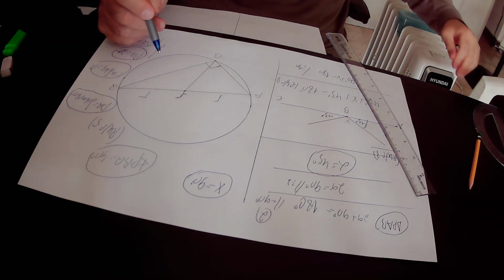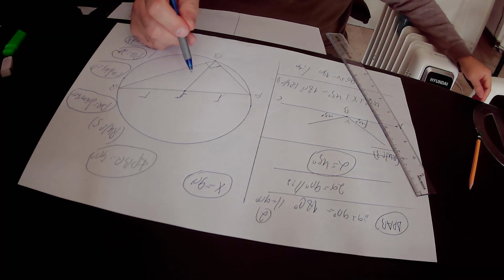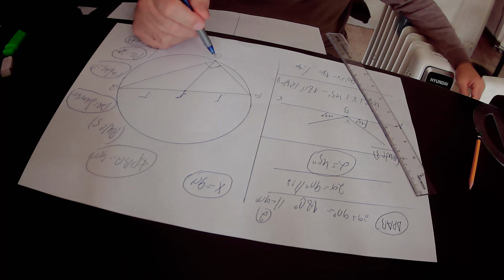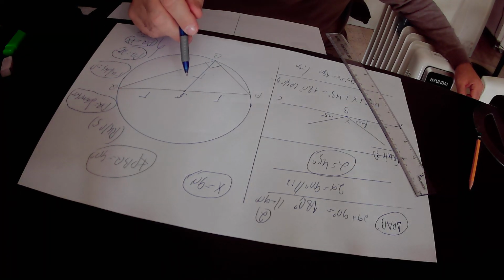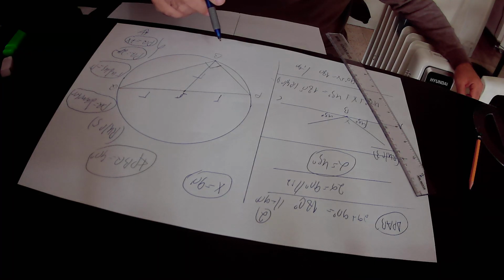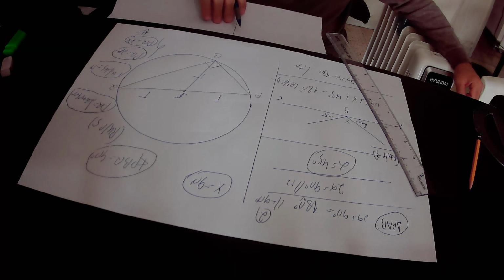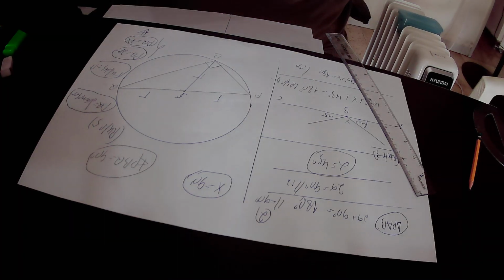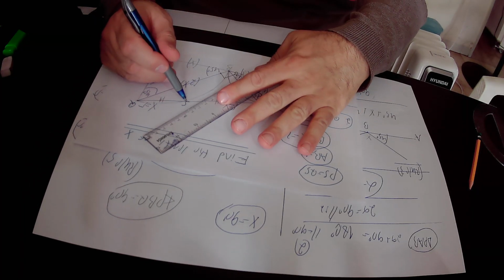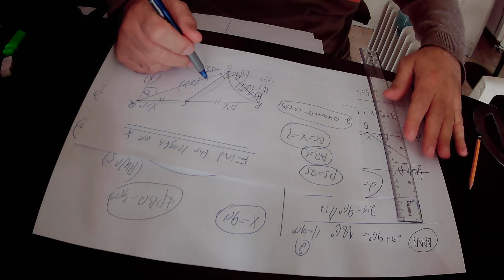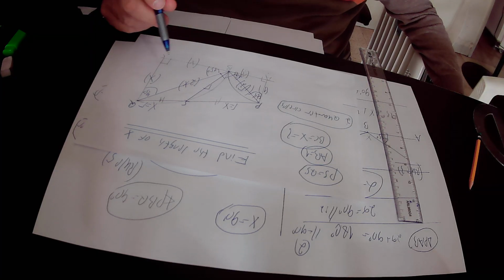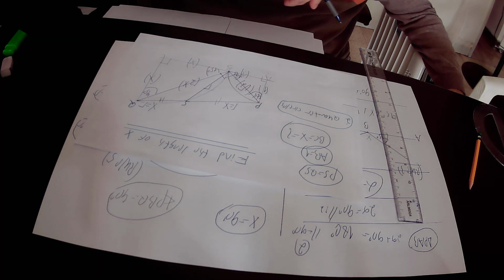Point S is the center of the circle, point B is a point on the circle itself, therefore line segment SB is the radius of this circle that is equal to R. In conclusion, we found out that QS equals SP equals SB, all the radii of this circle, therefore they are equal to each other.